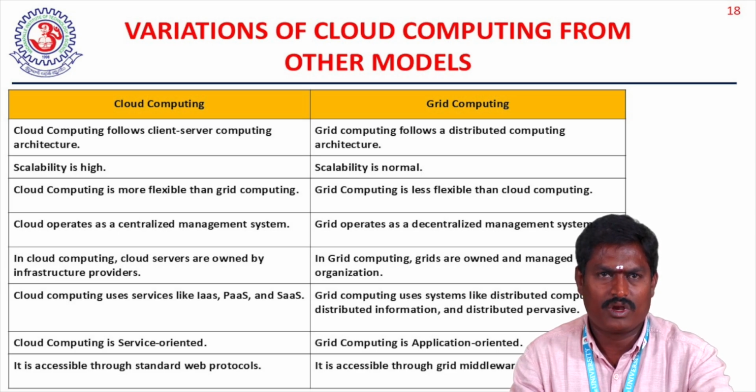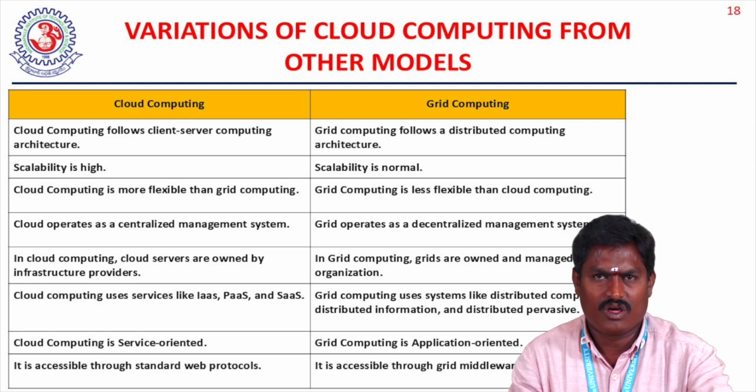In cloud computing, cloud servers are owned by the infrastructure providers, that is, cloud providers. But in grid computing, grids are owned and managed by the organizations themselves. Cloud computing uses services like IaaS, PaaS, and SaaS.